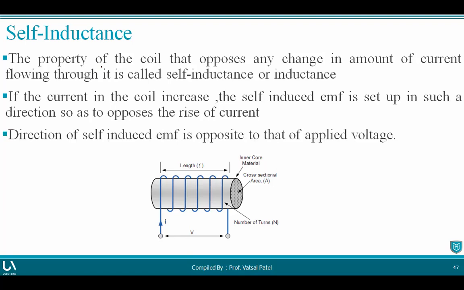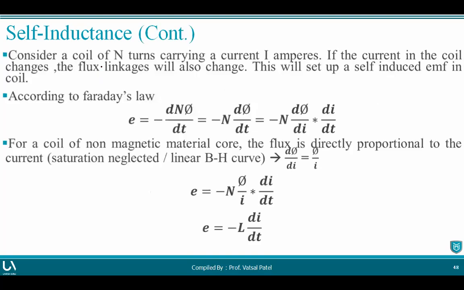So the direction of the self-induced EMF is opposite to the applied voltage, because it opposes the rise of the current. That is the property, so right now we have discussed the self inductance.